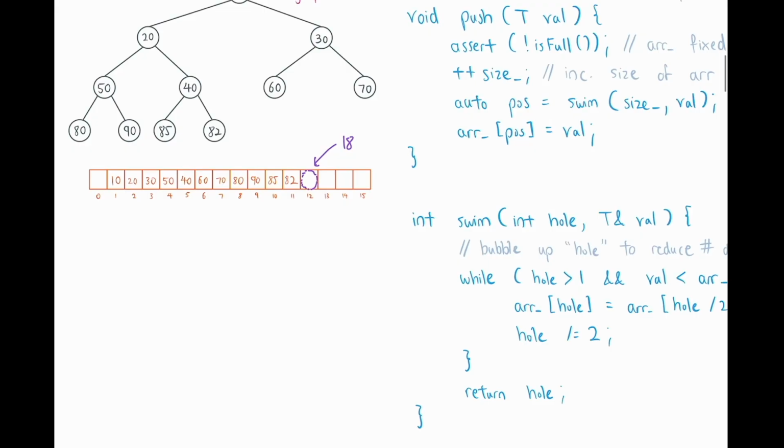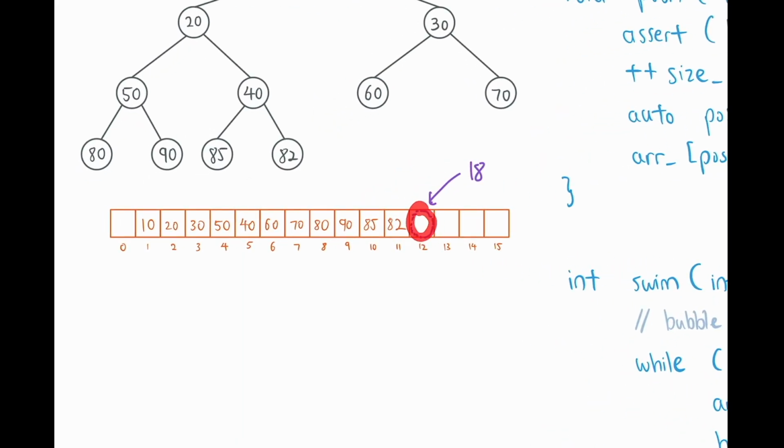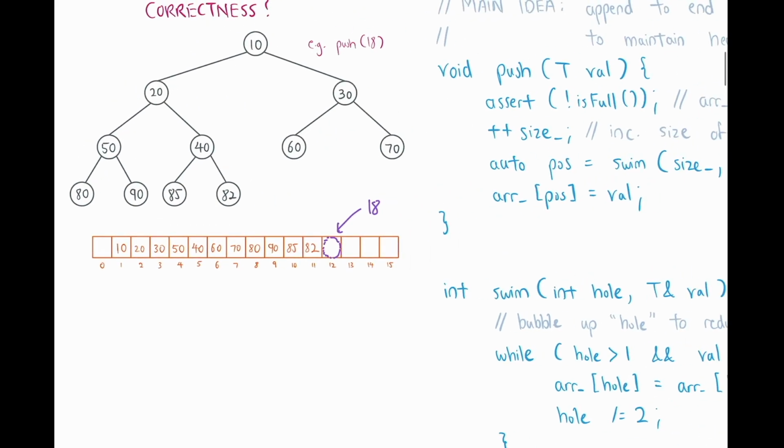Let's see conceptually on the diagram what has happened, as well as concretely in the array structure. As mentioned, we start with the hole being at the end, at plus size. The starting point is at the end, and we first compare whether 18 is less than whatever is in the parent. I'll label this as the first step.